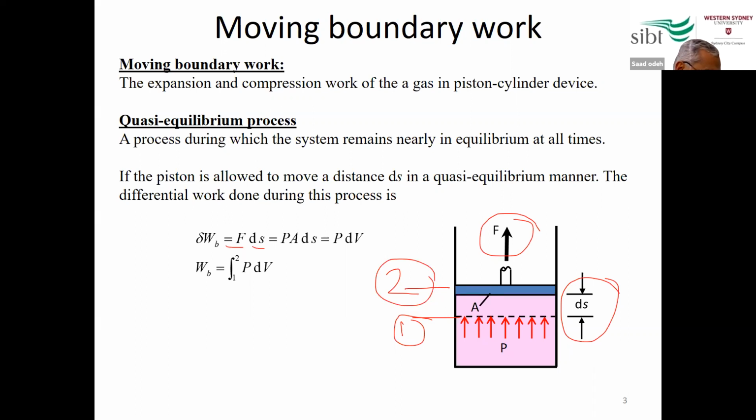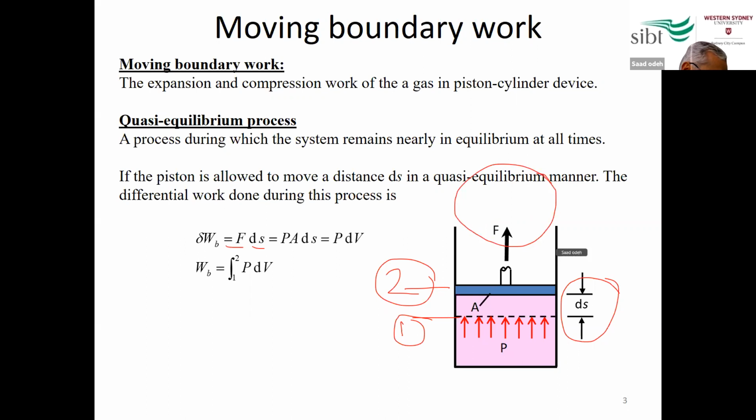And F, the force, is the pressure multiplied by the exerted area. The piston has a circular shape, like this.